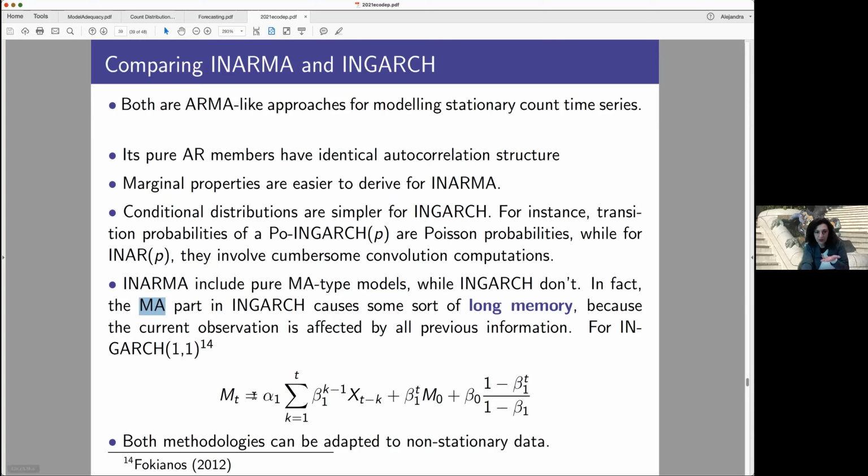For instance, for the INGARCH1, something like this ends up appearing. Something good about both is that both can be adapted to non-stationary data in different ways. Somehow, the INGARCH family is a little bit more flexible.